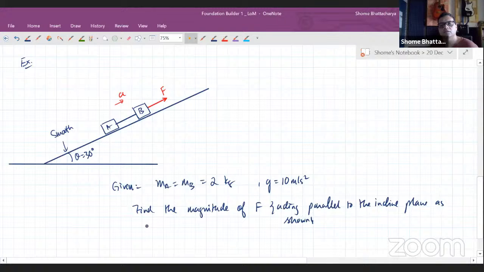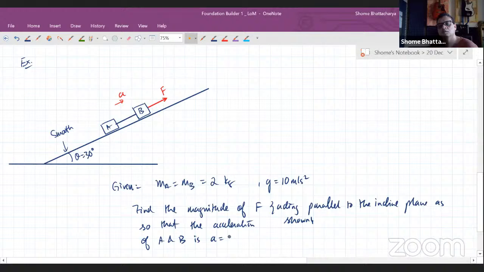So that the acceleration of the blocks is of magnitude 2 meters per second square.